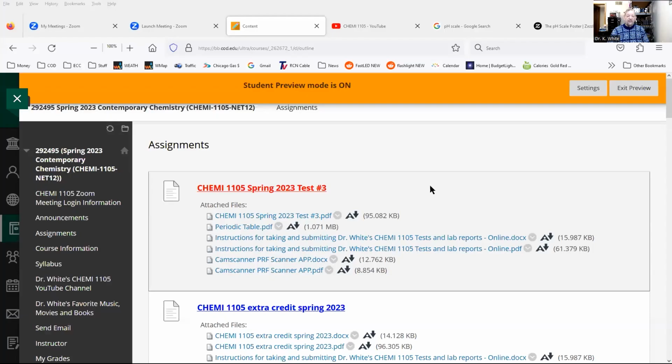You can see right there that test 3 is all ready for you to go. There's the file, periodic table, and instructions in case you don't know how to upload a single PDF file, and the AppCam scanner in case you don't know how to use that or like to use that.